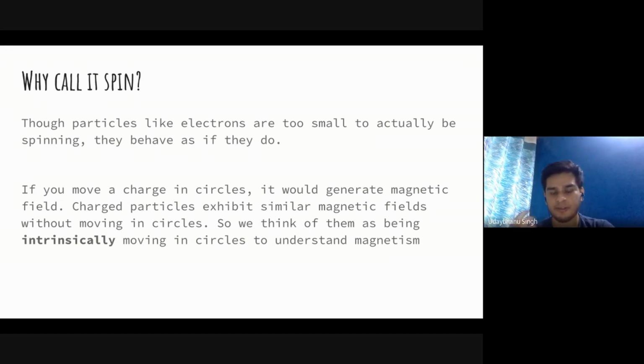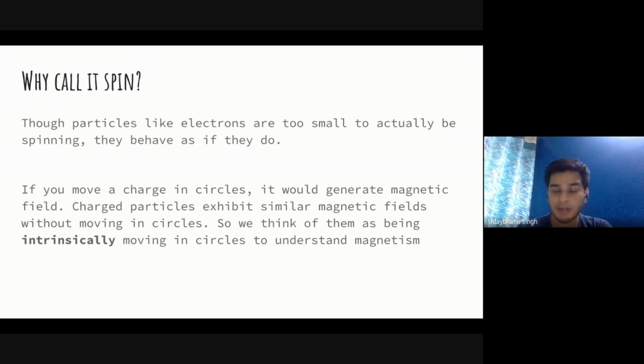So what scientists were basically doing was looking at particles, and they saw that the particles were generating their own magnetic fields, right? Even if there weren't any photons mediating the electromagnetic force, the particles could themselves generate an electric field and a magnetic field. So they wanted to figure out why that was happening.